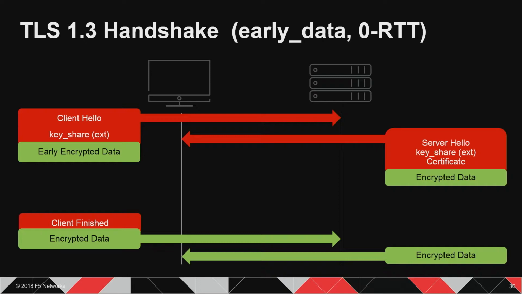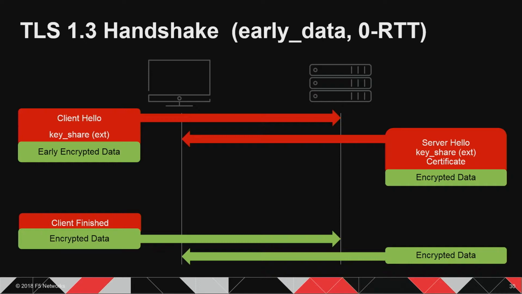Basically the client, if you had a previous connection with the server or in the pre-shared key kind of environment, you can basically use that last key, use it to encrypt the data you want to start sending, send it in your new handshake, and if the server still knows what you're talking about, it still knows what key to use, or if you had a pre-shared key environment, it can read that message in that first packet while you're negotiating a new key to use for the remainder of the connection.